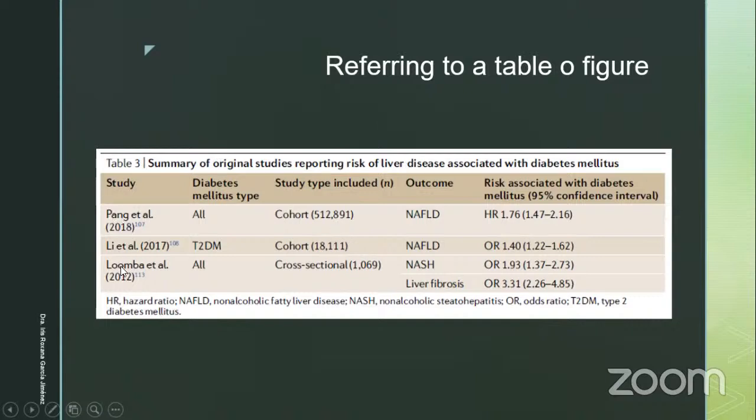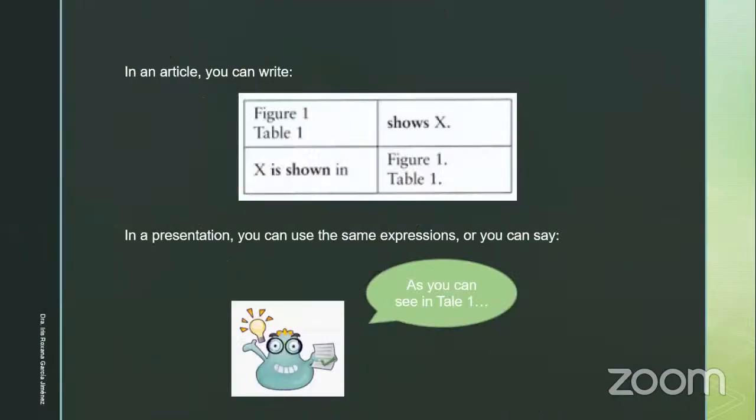There are groups of researchers, and then the variables, diabetes mellitus type, the study type included, how they decided to process the information, the result, and the conclusion. And of course, the answer key, the meanings of all the abbreviations they use, for understanding. Very, very easy to use.